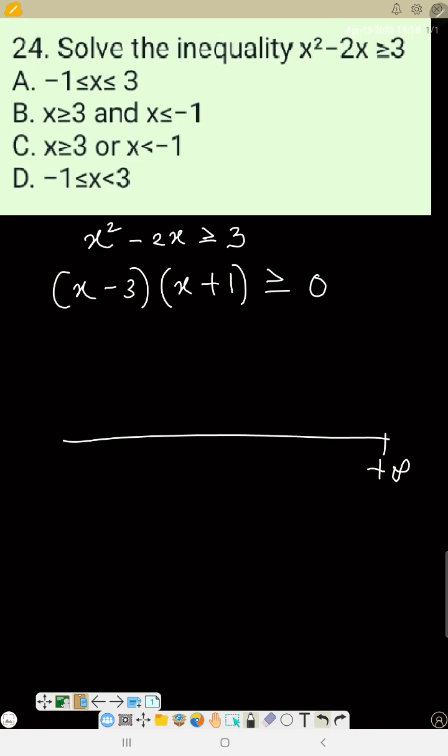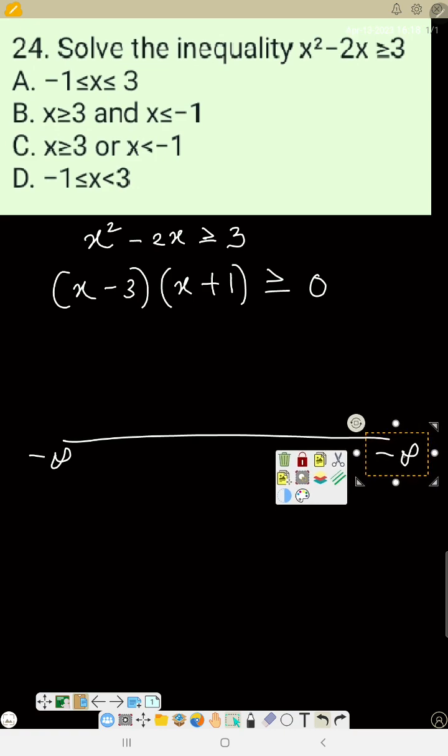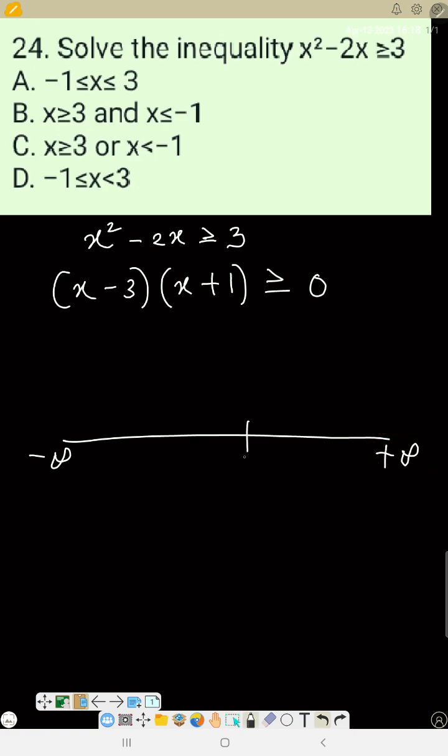This is plus infinity. Here is a minus infinity. Remember, if this is 0, any number you write to the right is plus, any number you write to the left is minus. So that is why we put plus infinity, meaning the number will just go till infinity plus. This one too will go to infinity minus.